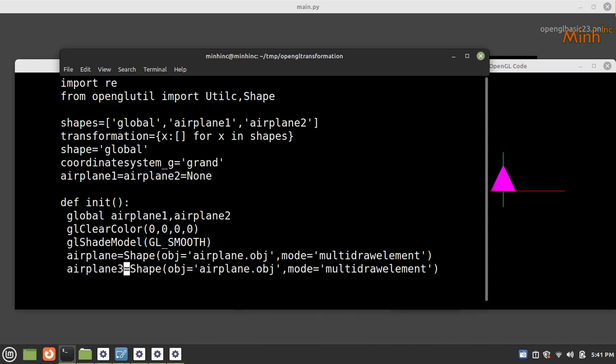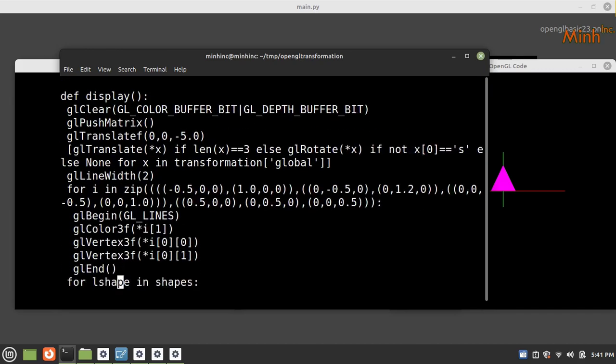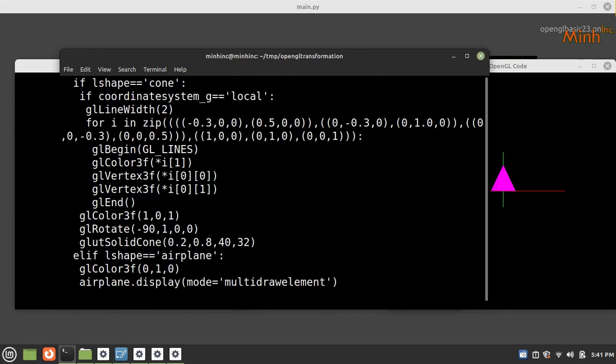Airplane 2, airplane 1. Pretty easy. And here I can just make it L shape equal to airplane 1. I can just do copy paste.